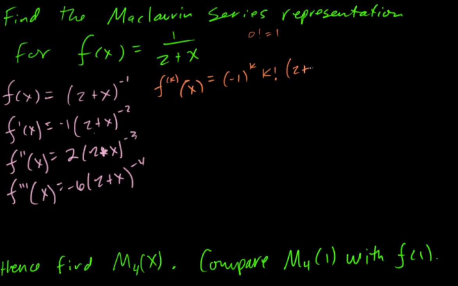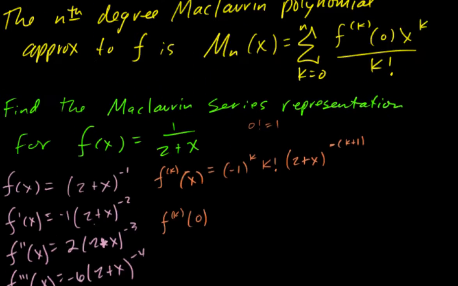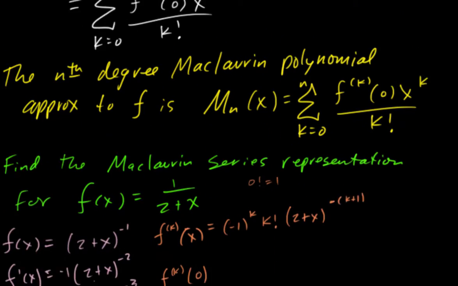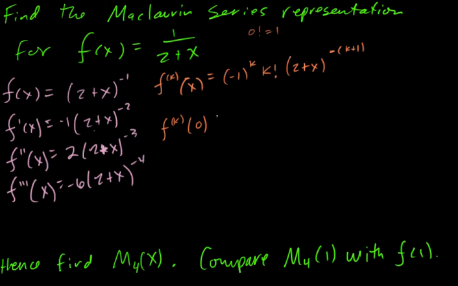Then we notice that there's a 2 plus x in all of them. And then this one, we know it's always negative, but then this is step 0, and we have a 1. Step 1 gives us a 2, so it's always just k plus 1. Now if you look at this, all of these we plug in 0, and so we're going to write a formula for that.